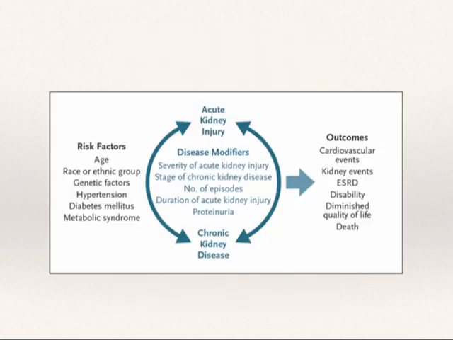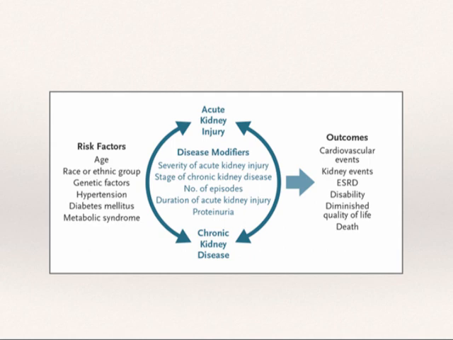Obviously with acute kidney injury, we also worry about chronic kidney disease. There are different risk factors for chronic kidney disease and even acute kidney injury, but increasing age, race or ethnicity, African Americans or Hispanics have a higher risk. Genetic factors, hypertension is a huge one. So long-standing hypertension, because it's affecting the blood flow to the kidneys.